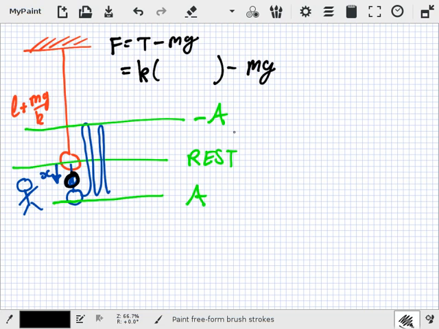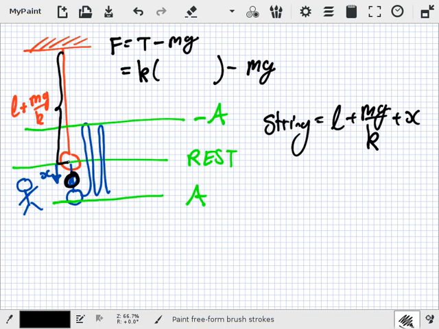So let's calculate that. The length of the string is currently L plus mg over K plus x, because it's pulled down a little bit from here. Remember, L plus mg over K is this length here, and we have a little extra x.